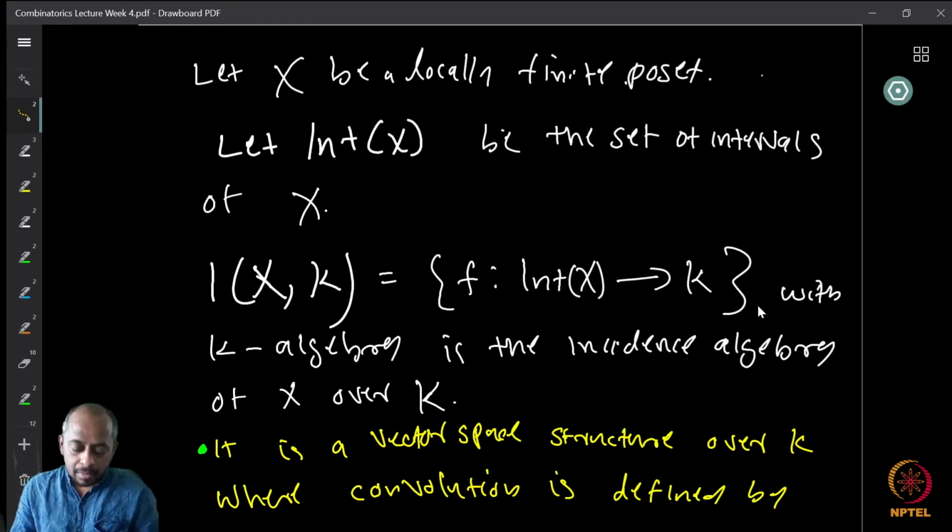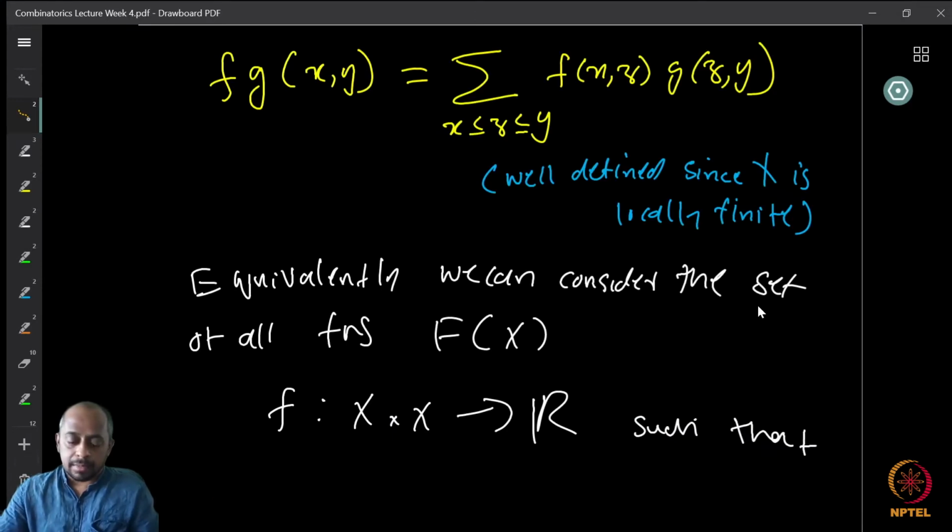Now, we don't really need these details, but just to make it complete, I will mention it. This I(X, k) is a vector space over k, where the convolution or the product is defined by the formula fg(x, y) equals the summation over all z between x and y of f(x, z) g(z, y).